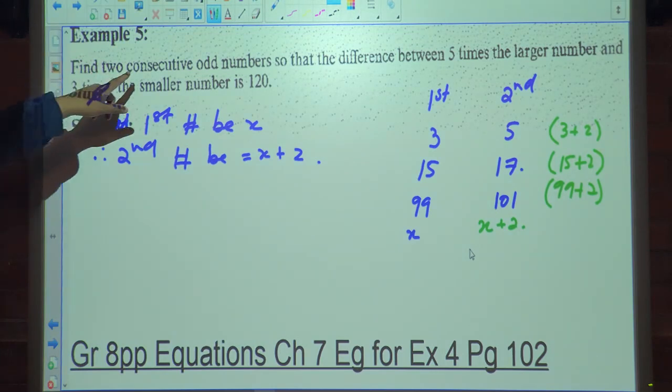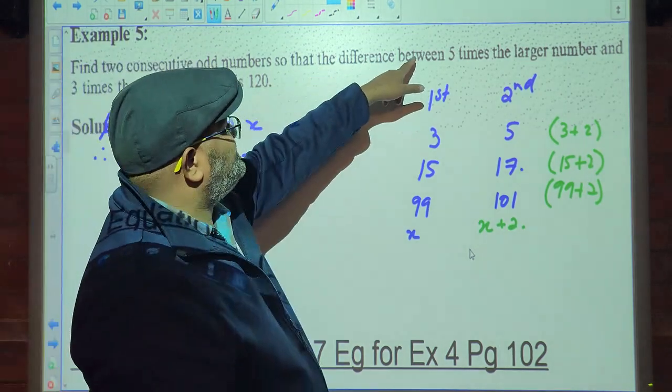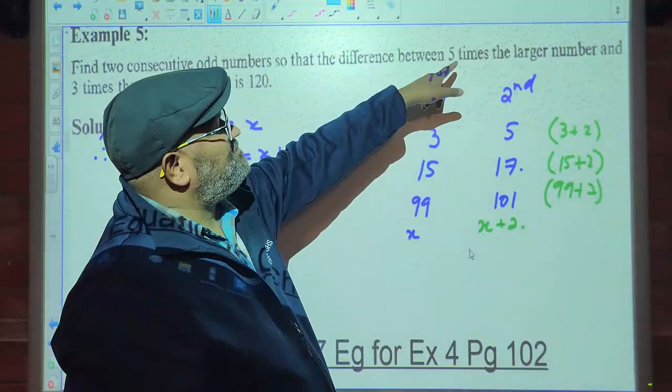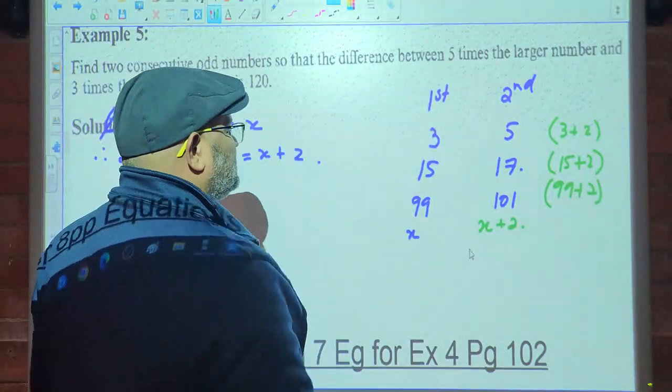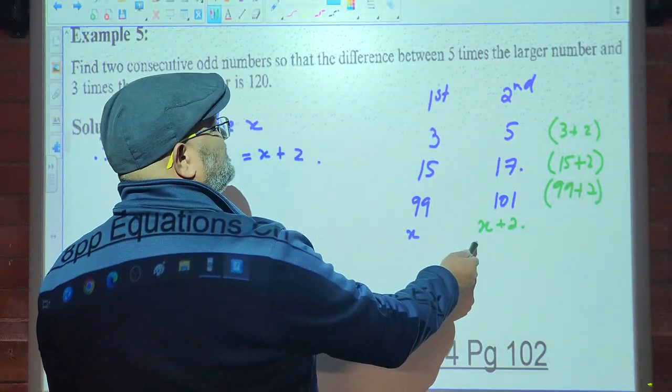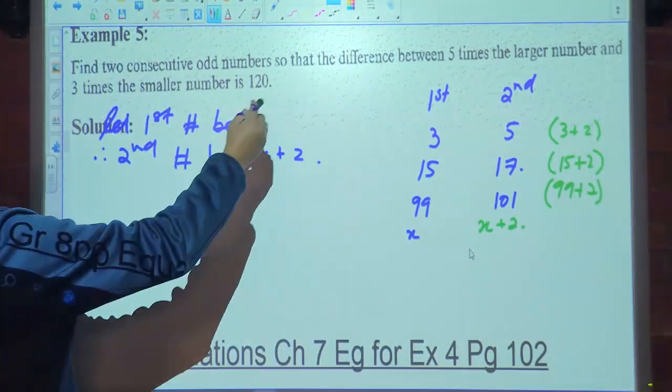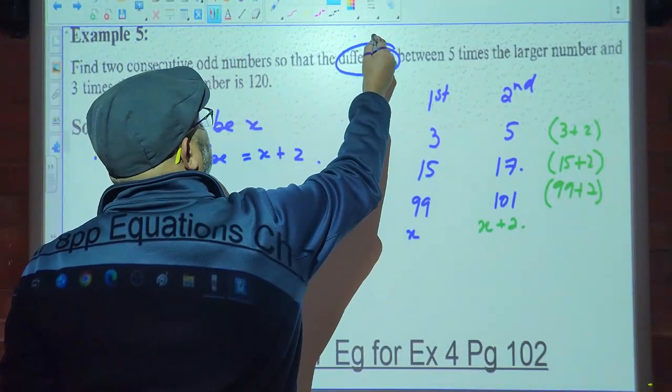So find two consecutive odd numbers so that the difference between 5 times the larger number and 3 times the smaller number is 120. So which one is larger, the first number or the second number? The second number. So the difference, what does that mean I must do? Minus.